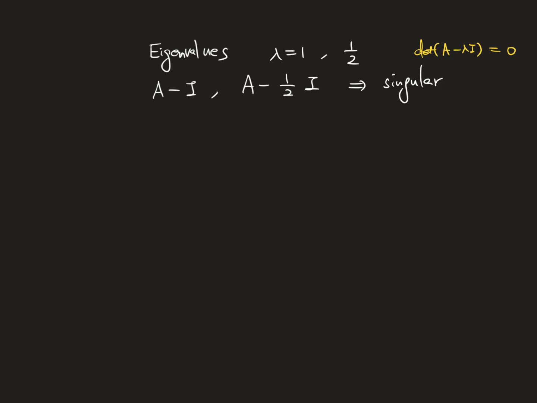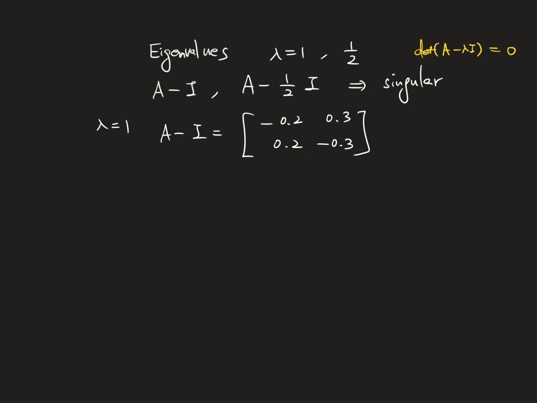And then I want to find the eigenvector. First, we consider the case lambda is equal to 1, and we calculate A minus I, and then we get minus 0.2, 0.2, 0.3, minus 0.3.